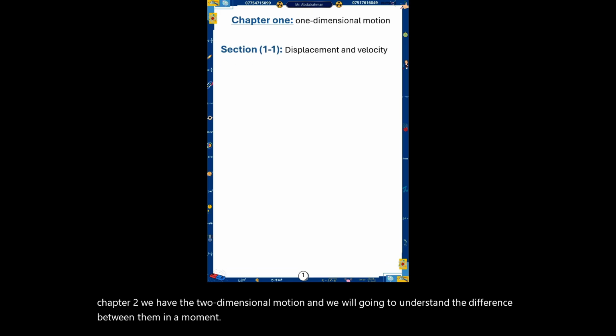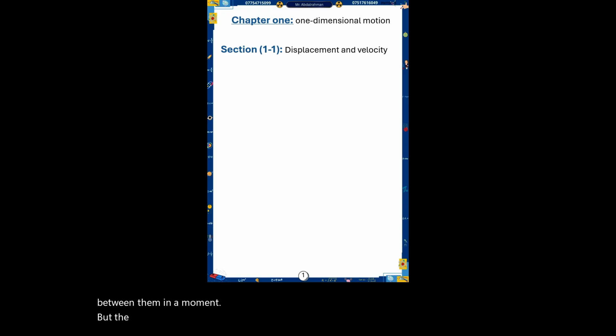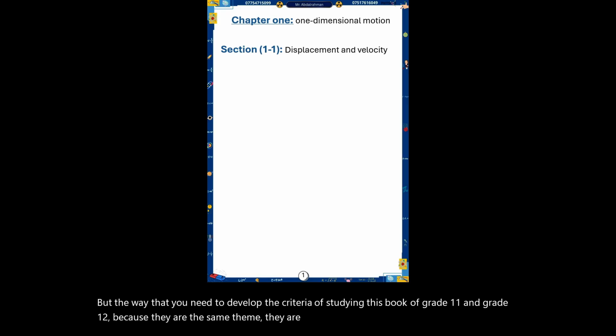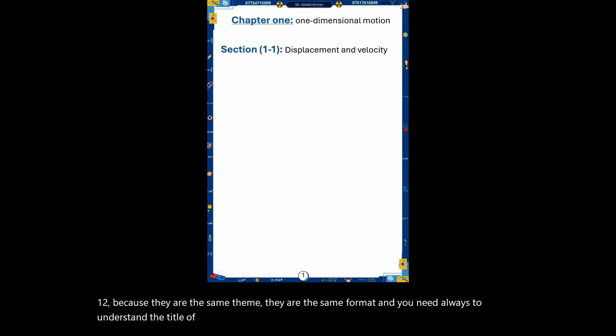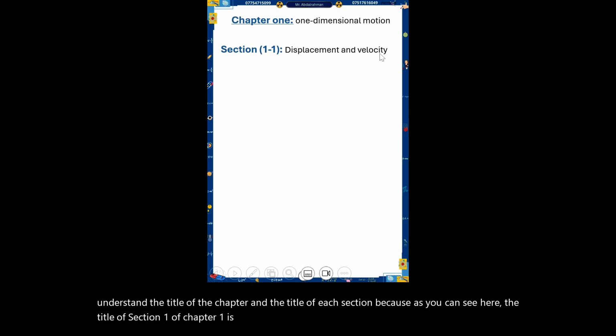But the way that you need to develop the criteria of studying this book of grade 11 and grade 12, because they have the same theme and the same format, is that you always need to understand the title of the chapter and the title of each section. Because as you can see here, the title of section 1 of chapter 1 is called Displacement and Velocity. And this is very important.